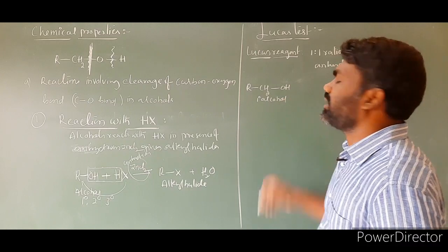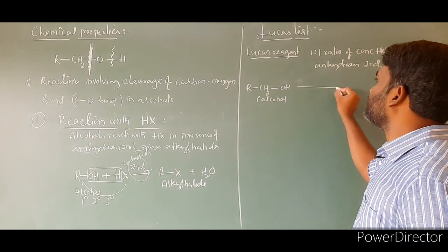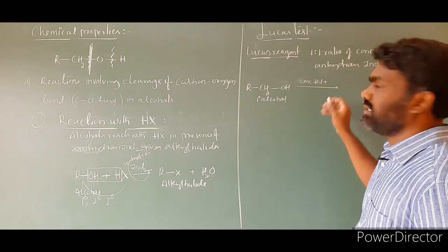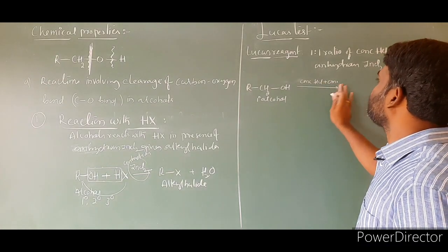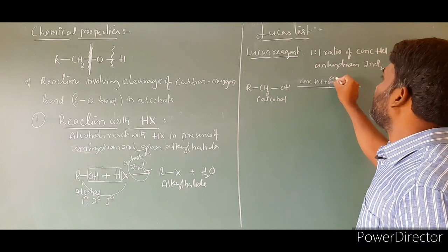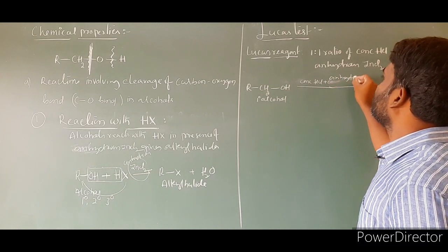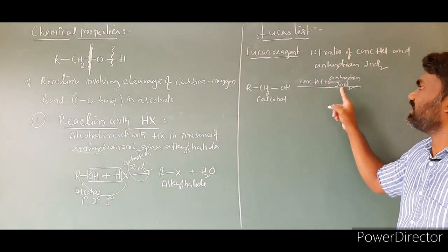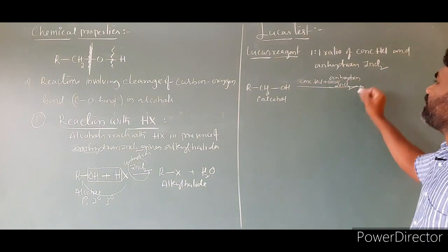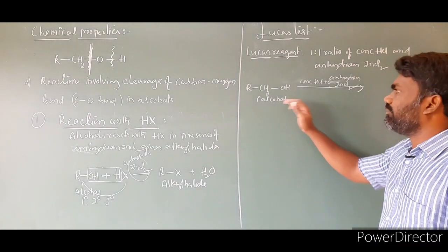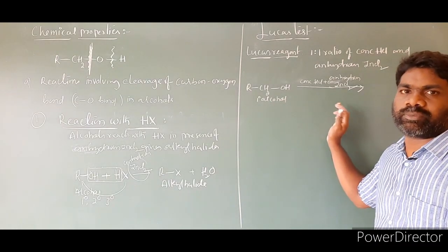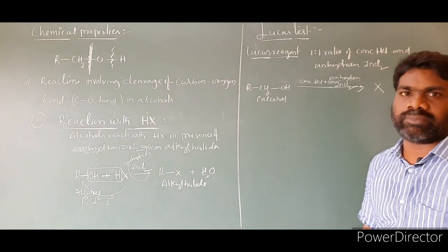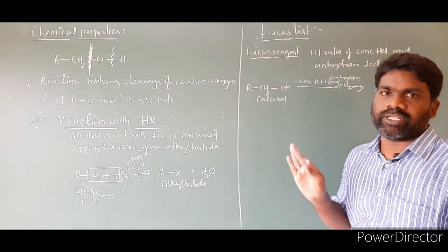I am taking the Lucas reagent, concentrated HCl plus anhydrous ZnCl2, at room temperature. At room temperature, primary alcohols do not form any product. This point is very, very important.